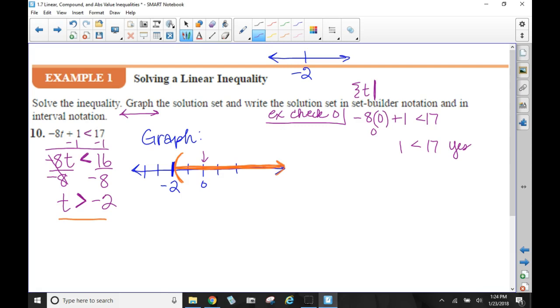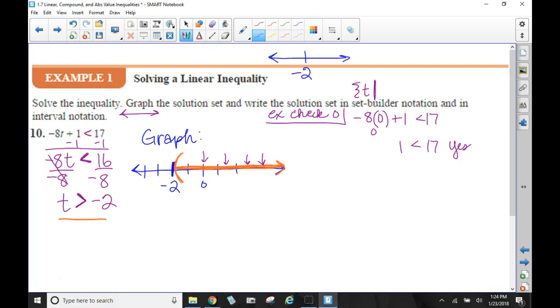So that checks. Now, in an inequality, it's impossible to check all your solutions because we're talking about all the values that correspond to the shaded in area, and there are an infinite number. Okay, so I don't want to be here all day checking all of those.